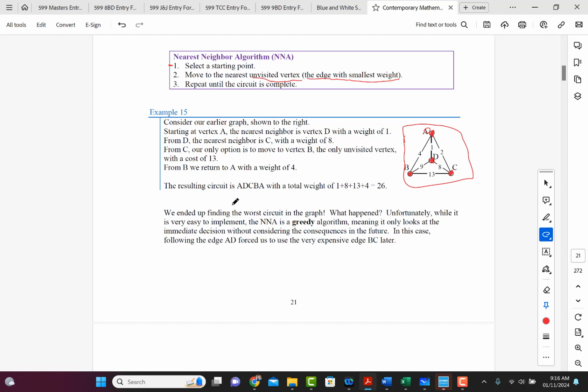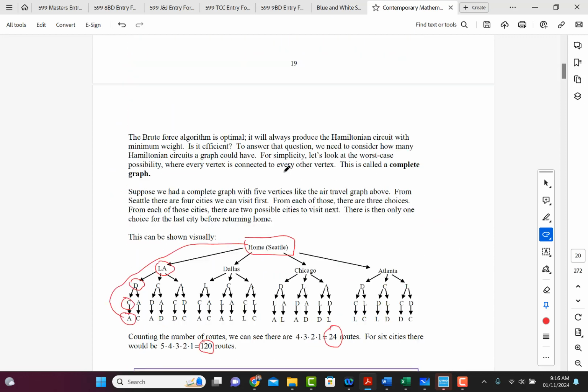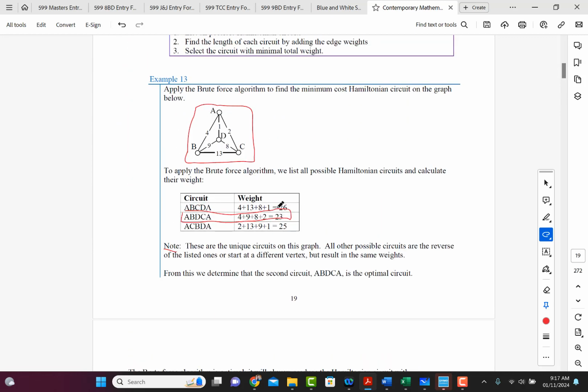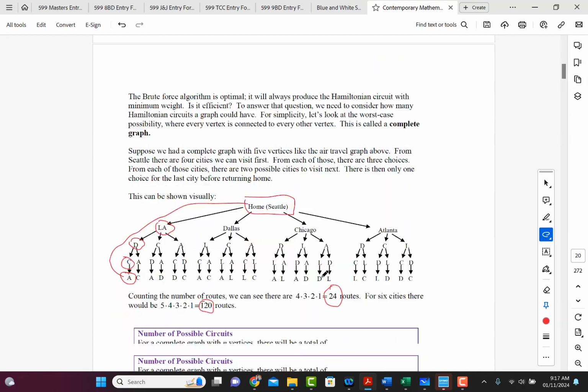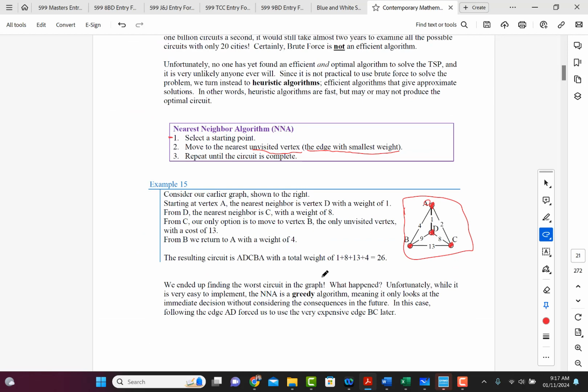Now, we ended up finding actually the worst, right? Remember when we added up the brute force, the best was 23, but we ended up finding the worst one by using the nearest neighbor algorithm. So what happened? Unfortunately, while it is very easy to implement, the nearest neighbor algorithm is a greedy algorithm, meaning it only looks at the immediate decision without considering the consequences in the future.